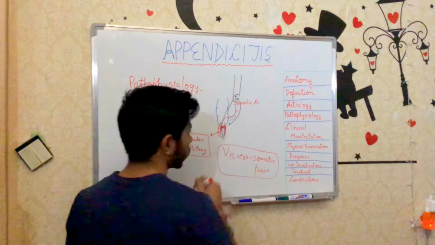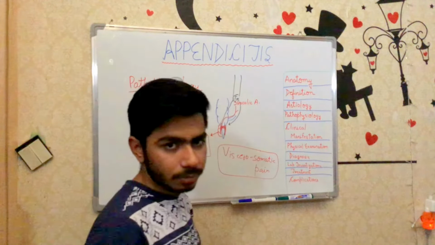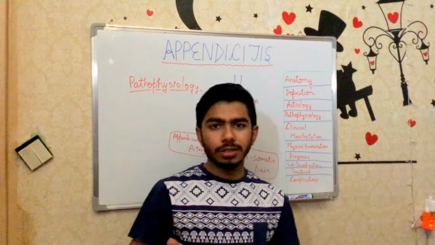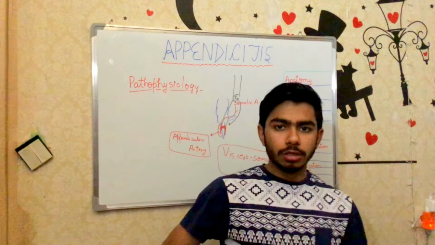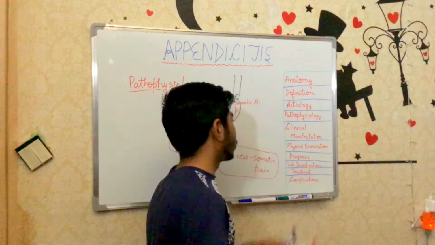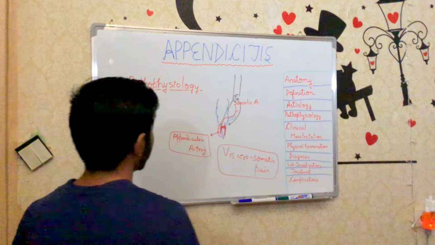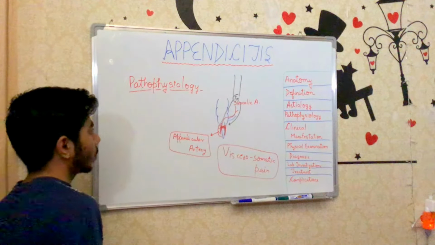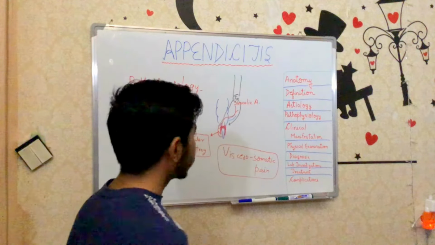Which means due to the organ, there will be pain in the body. Our appendix is in the right lower quadrant, so in this patient there will be right lower quadrant pain. I will talk about this in clinical manifestations. So this was about the pathophysiology of appendicitis.